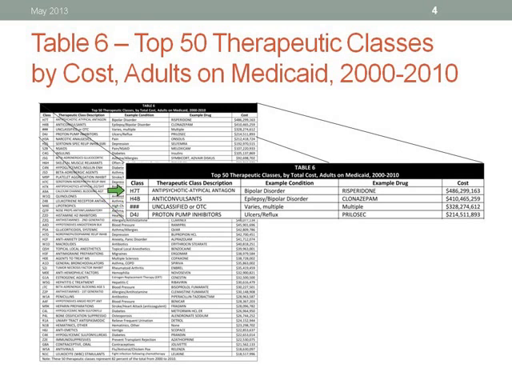And so H7T is an antipsychotic atypical medication, and it is the most costly therapeutic class over this time period for adults. And you can see that Medicaid expended $486 million during this time period for that therapeutic class.